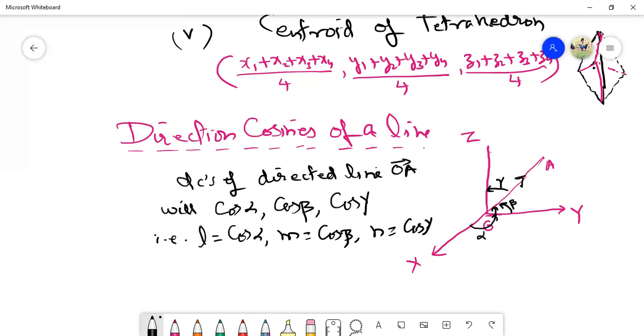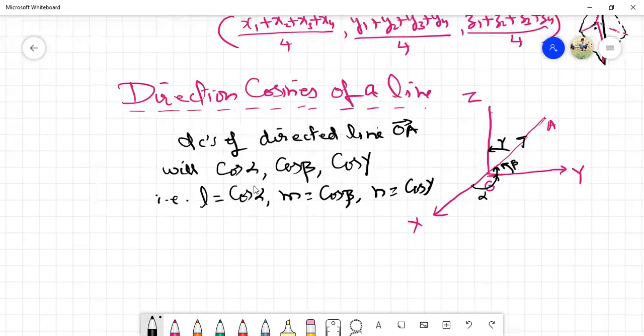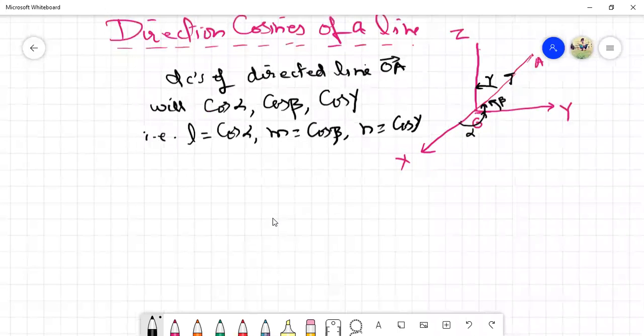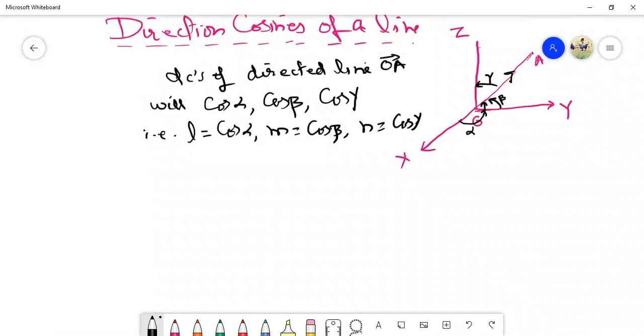But this is the direction from O to A. If the direction is reversed, then what will happen? The angle will be changed, pi minus alpha. So it depends on the direction.